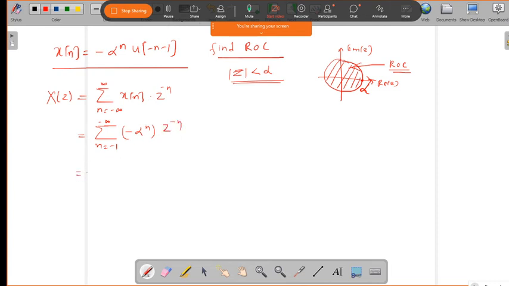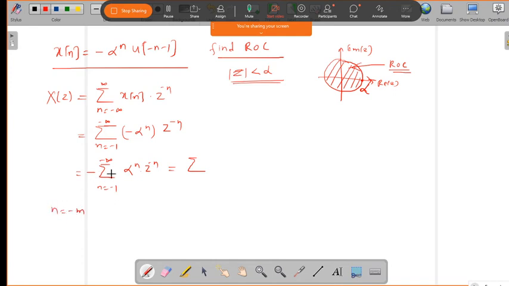So this will give minus summation alpha power n into z power minus n. We can write this as alpha into z power minus 1. If you take the minus value here and take the summation, this will become positive, or you can take another variable, for n equal to minus m.